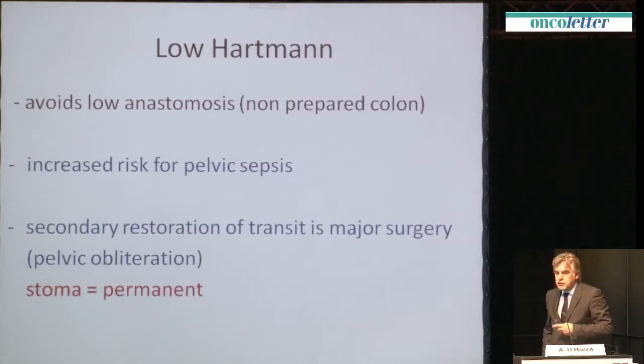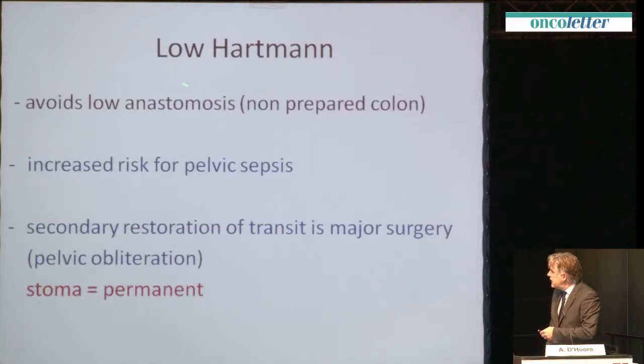And the secondary restoration, the second stage of the operation, becomes a major undertaking and is not without danger. So in most of those patients where you opt for a low Hartmann, the patients will have a permanent stoma.